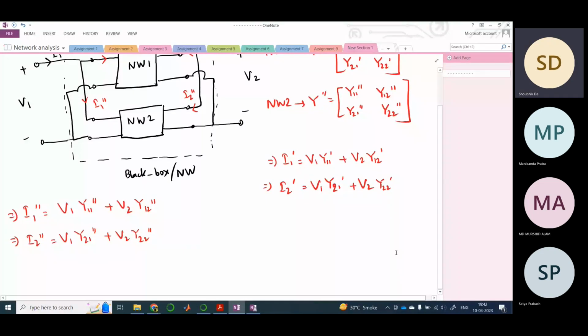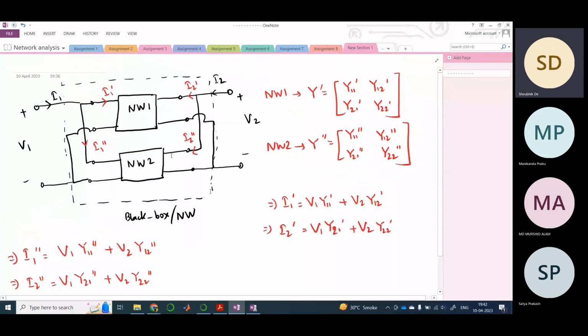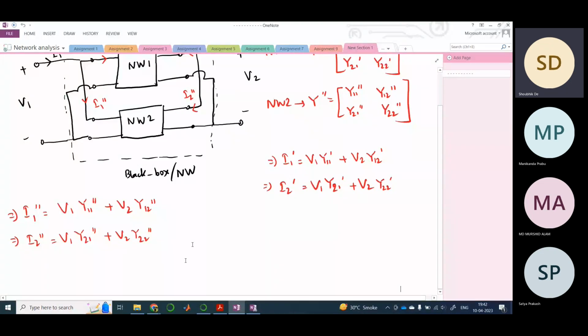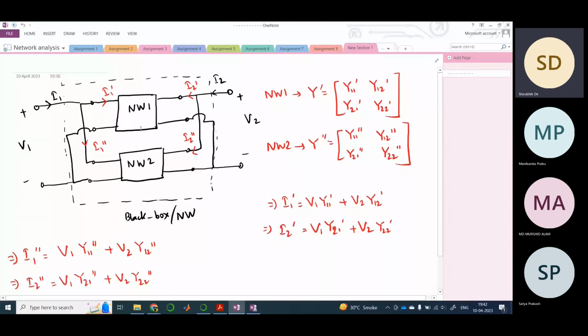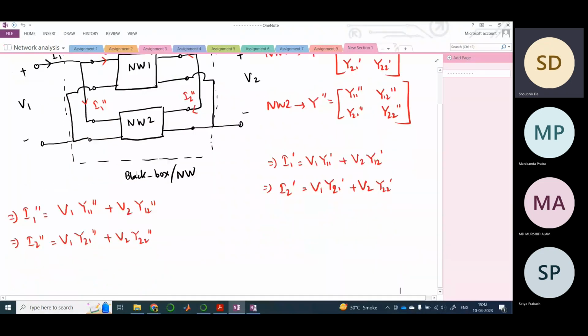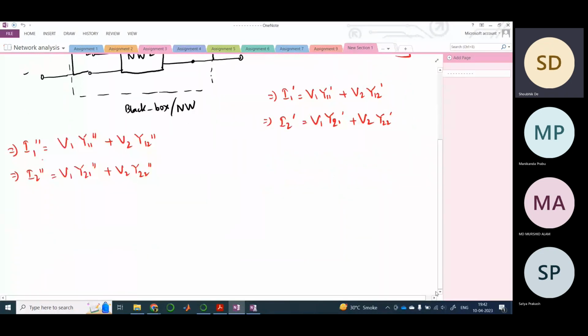Okay, fine. So now since we got these four equations, see, we already saw, since this is a parallel circuit, if we apply nodal analysis, I1 equals I1 dash plus I1 double dash, right? Therefore we will just substitute these two equations here.